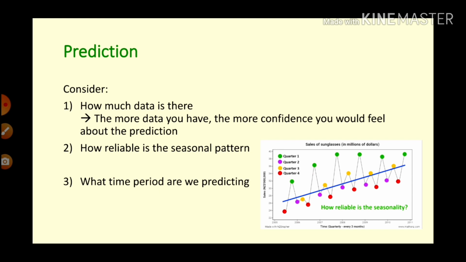Okay, next is what time period are we predicting? So this one only has 2005 to 2011. So if we were to predict 2012, it's just around here, right? So yes, I think I can predict with confidence. However, if it's asking for 2020 or even 2015, okay, that's years ahead.